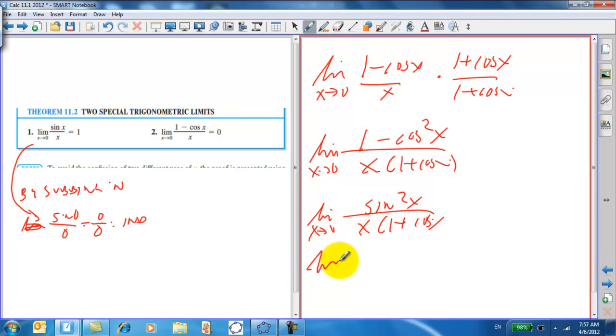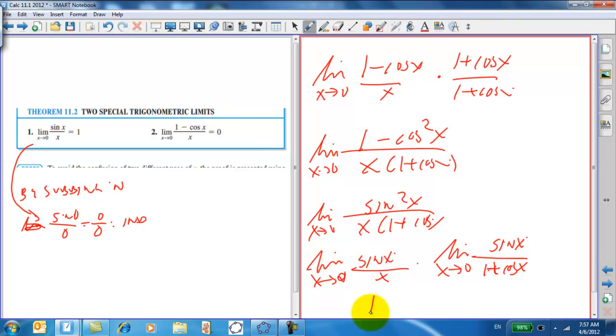And then we can split this up as the limit as x goes to 0 of the sine of x all over x times the limit as x goes to 0 of the sine of x all over 1 plus cosine x. This we just showed is equal to 1.